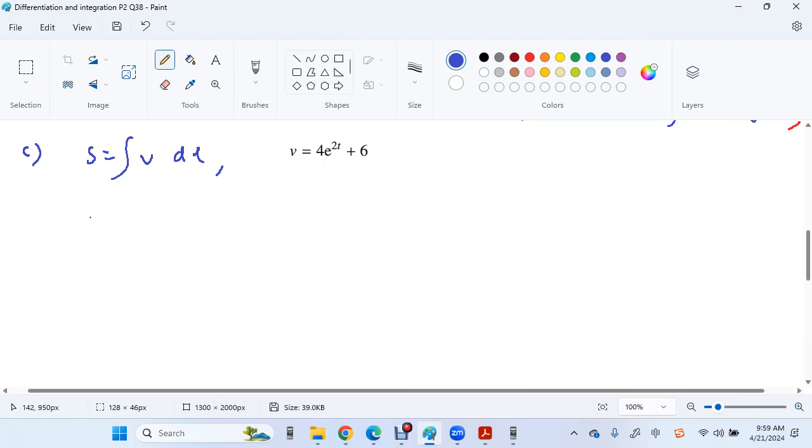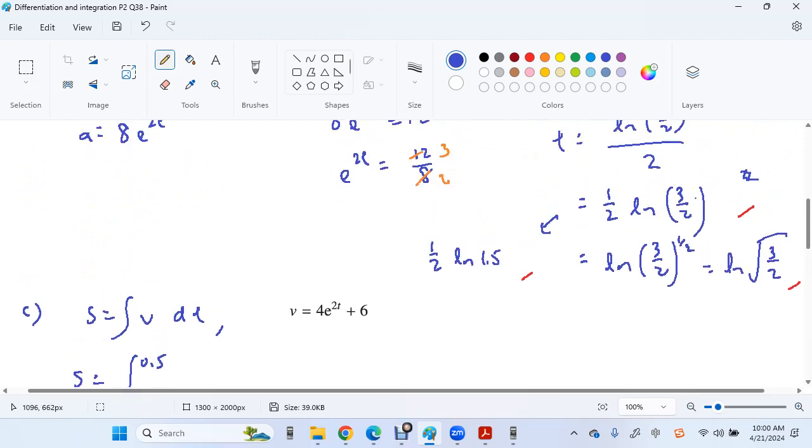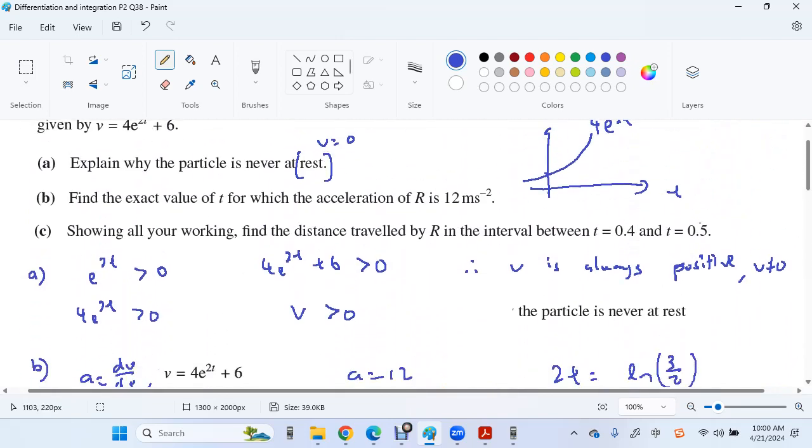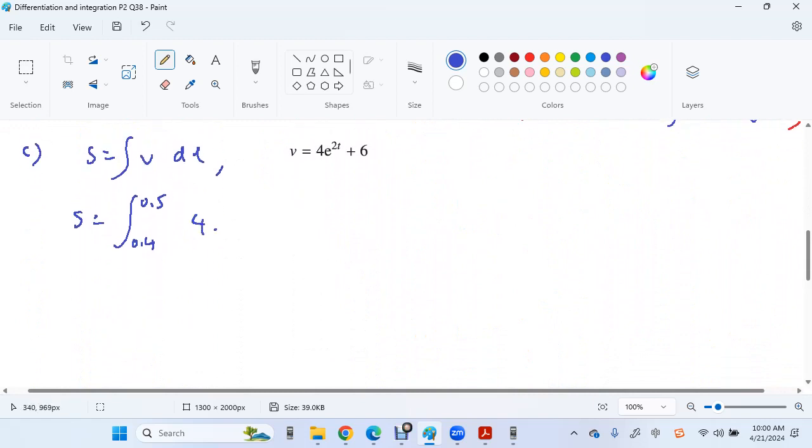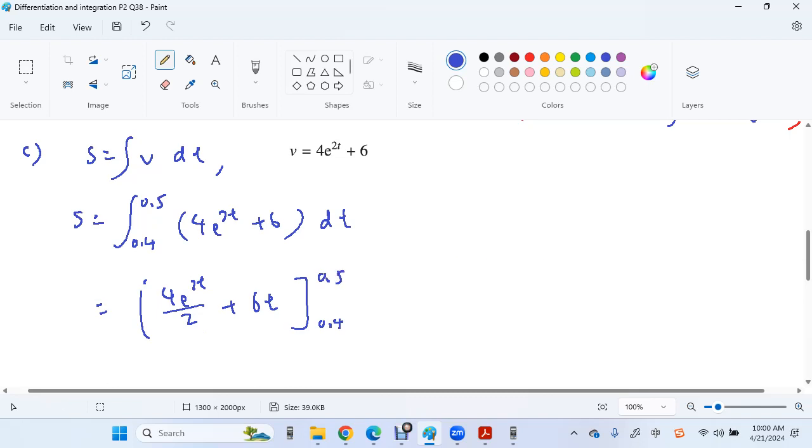So the total distance travelled will be from 0.4 until 0.5. Then we have the integral of 4e^2t plus 6 dt. Then we have 4e^2t over 2 plus 6t from 0.4 until 0.5.